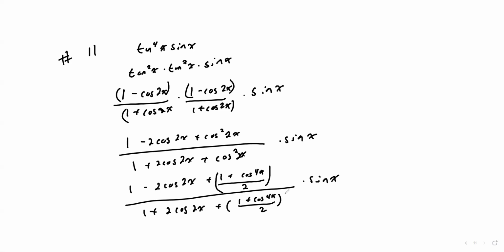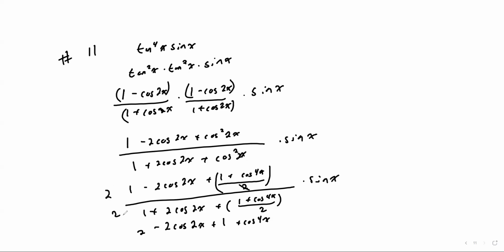The issue is they definitely want you to simplify this one to get it down to a little bit prettier numbers. So to do that, I can multiply the top and bottom by 2, and that's the same thing as multiplying by 1. So I'm going to multiply by 2 and 2. And what's going to happen is this now becomes a 2 minus 2 cosine 2x plus, this 2 will cancel this 2, so it'll leave me with just 1 plus cosine 4x.